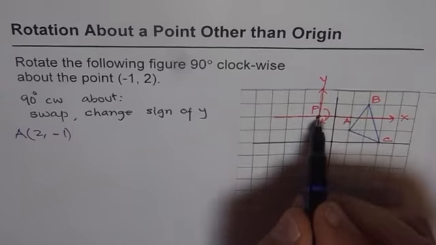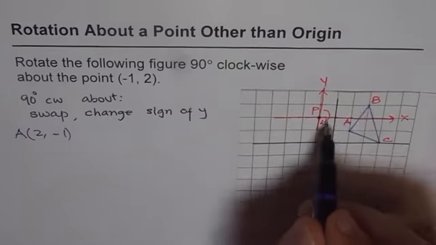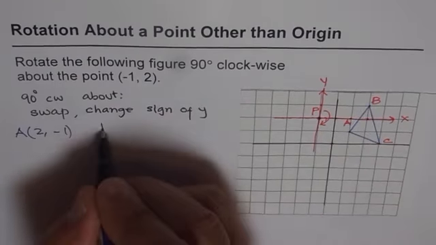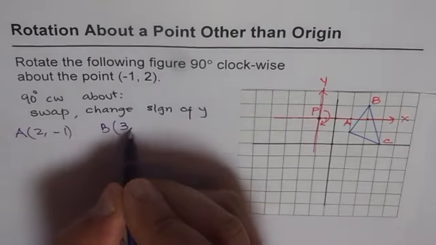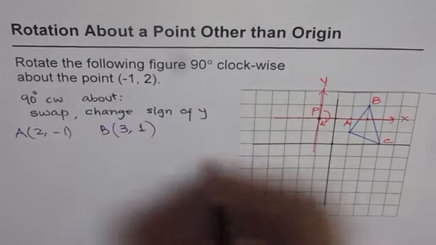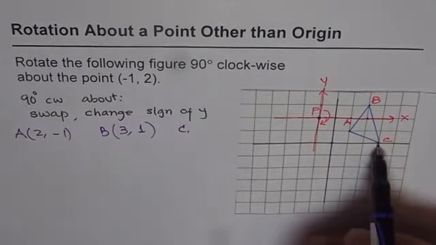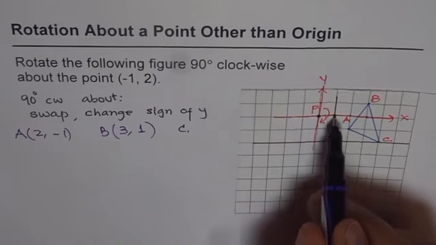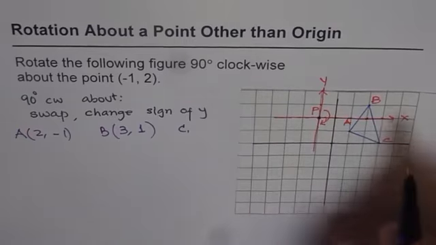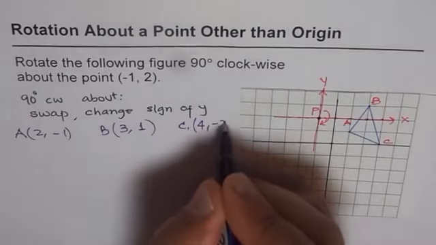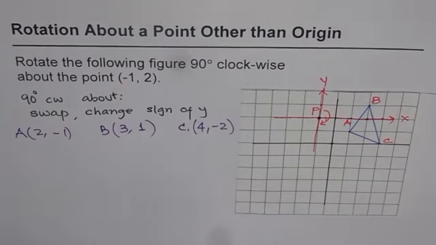Okay, now from P, let us check the position of B. We have to go 3 units right and 1 up. So B is 3 right, that means positive 3, and 1 up means positive 1. How about C? To reach C from P, we have to go 4 right and 2 down. So that means (4, -2), correct? You can check.